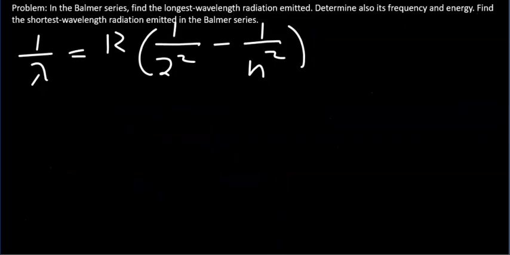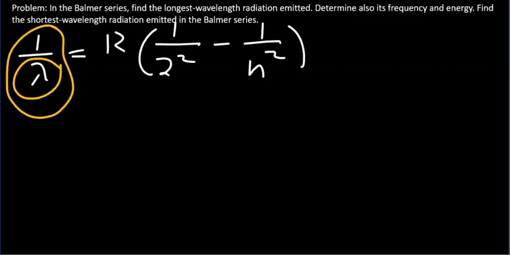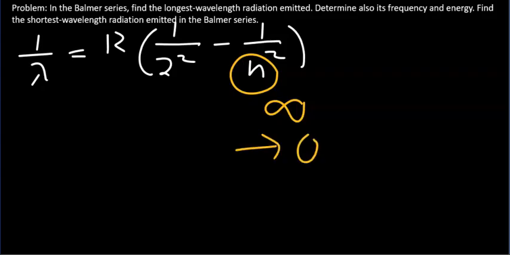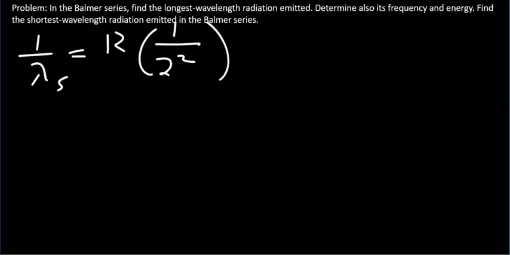Part 2. Find the shortest wavelength radiation emitted in the Balmer series. So again, if lambda is to be the smallest, 1 over lambda has got to be the maximum. For that to happen, n has got to be infinity, so that 1 over infinity approaches 0. So the shortest wavelength is given by that equation.